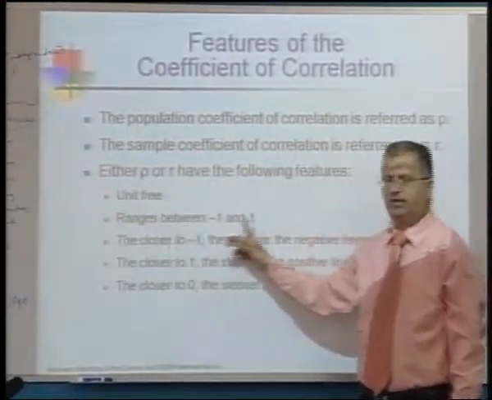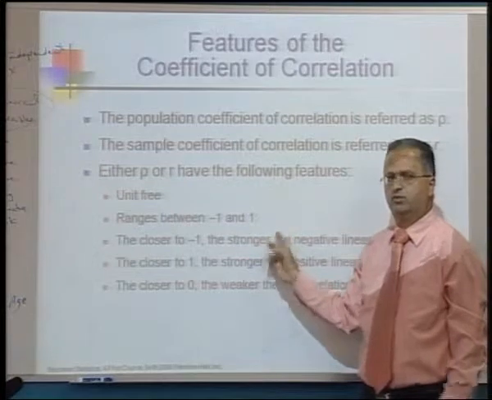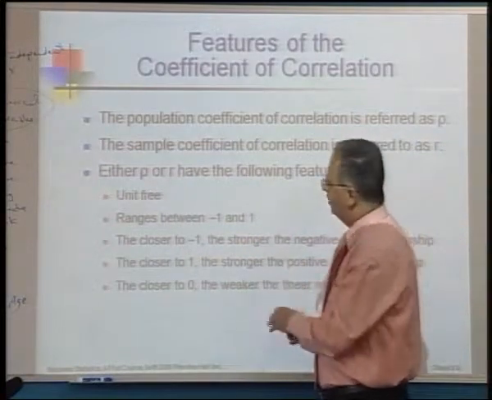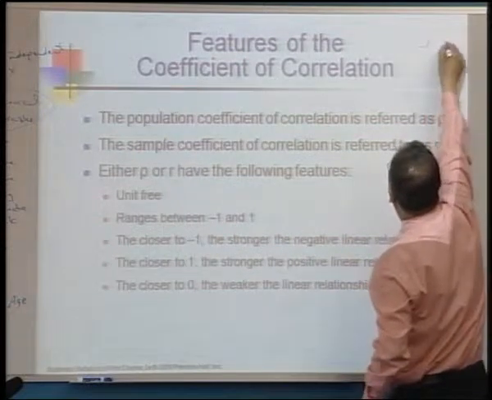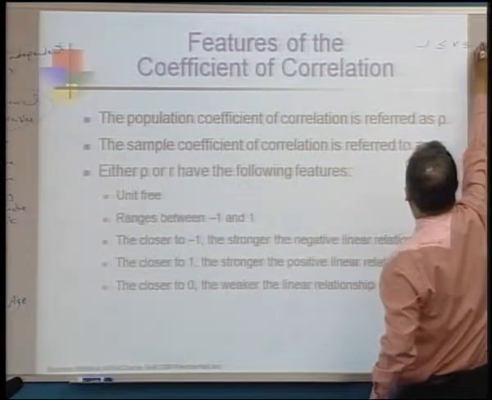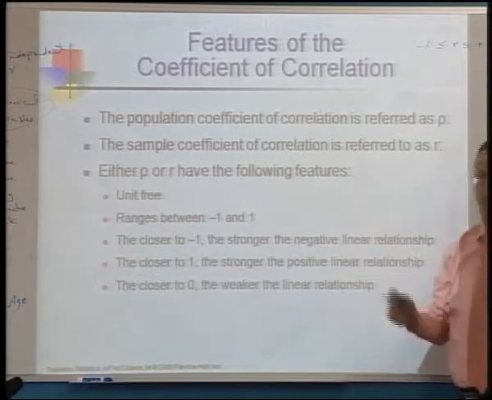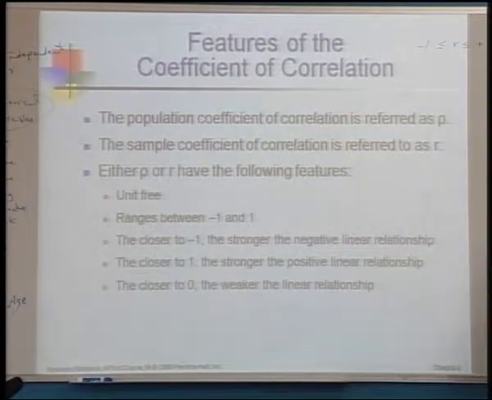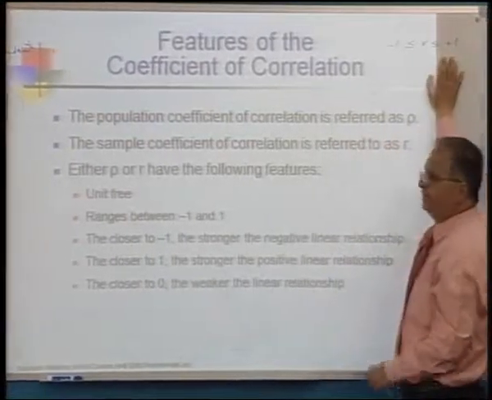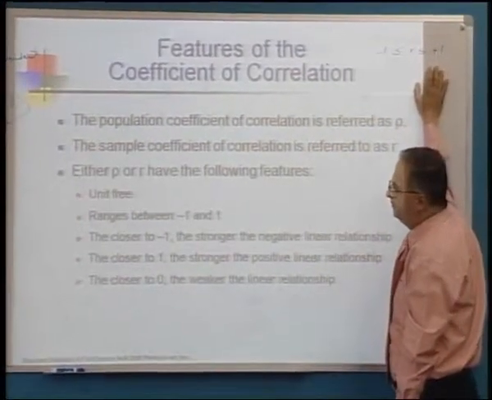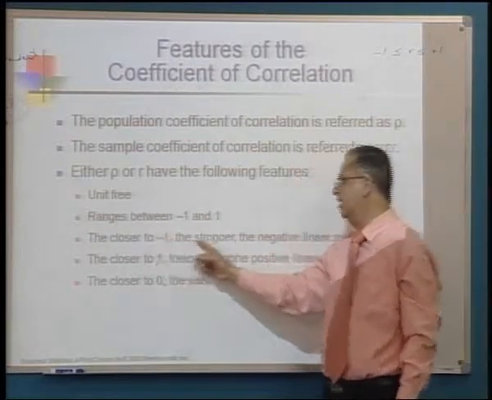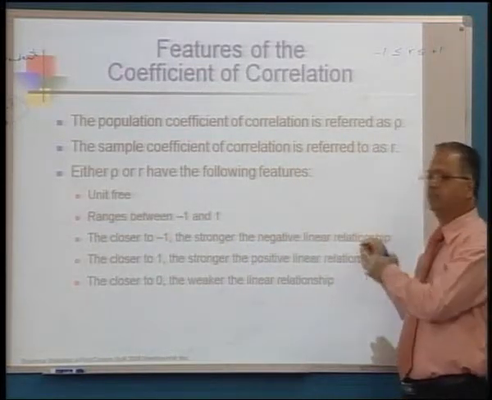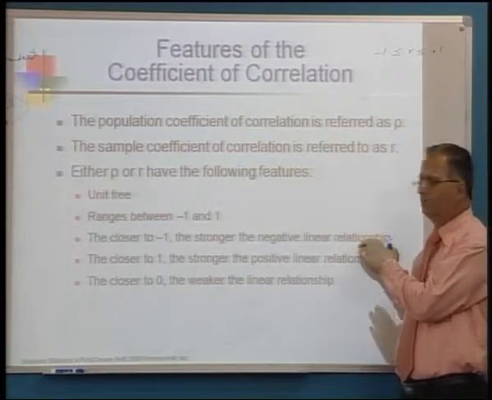Number two, ranges between -1 and +1. So R, or rho, is always between -1 and +1. So -1 is smaller than or equal to R, which is smaller than or equal to +1. So R is always in this range. R cannot be smaller than -1 or greater than +1. The closer to -1, the stronger the negative linear relationship between x and y.